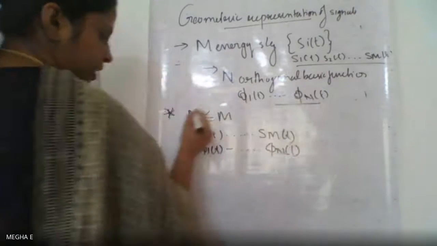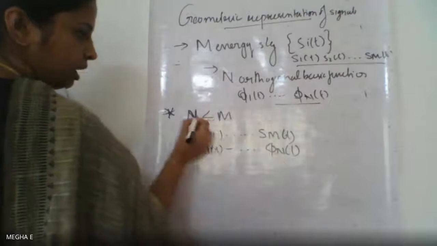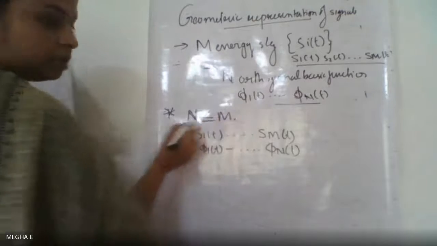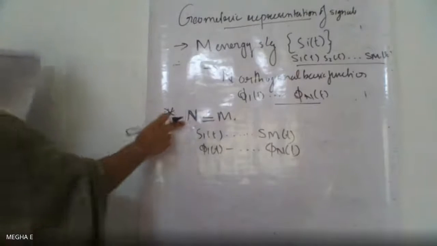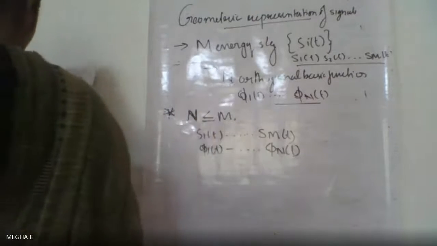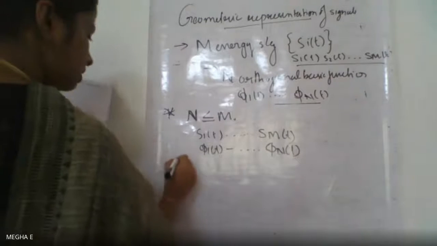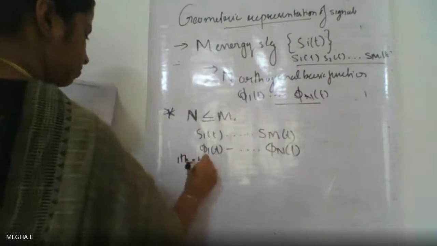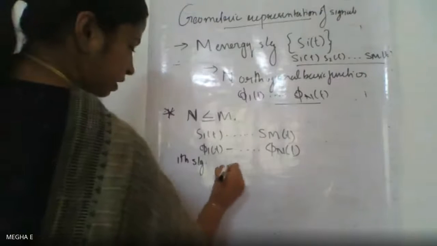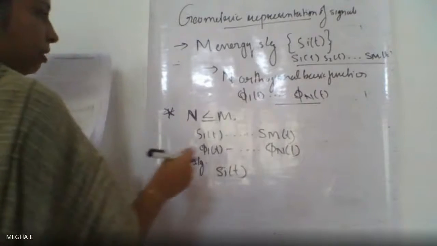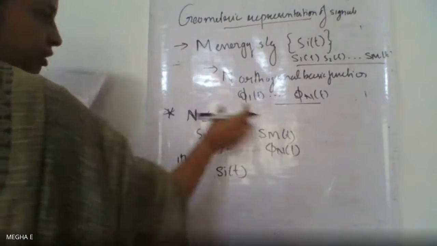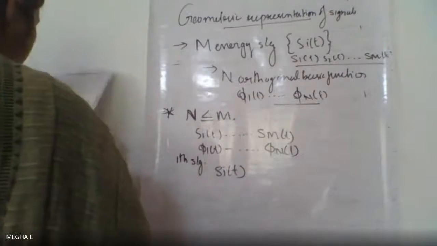The criterion that should be followed is that n should be less than or equal to m always. So consider the ith signal, si of t. This si of t can be written or represented as a linear combination of these basis functions.